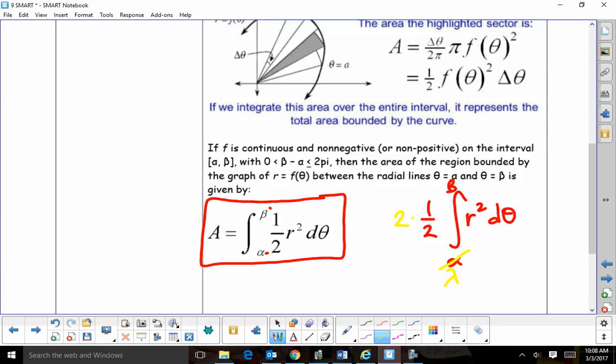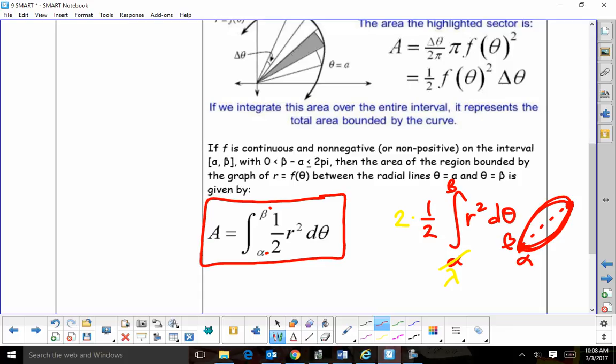So a lot of times I'm going to use symmetry, and I'm only going to take half. For instance, let's say it was this petal, it's symmetrical, and this is my alpha, and that's my beta. Or no, hold on. That's my alpha, and then again I return at beta.